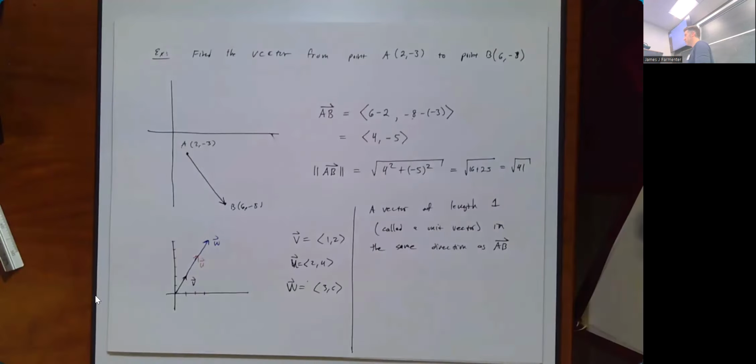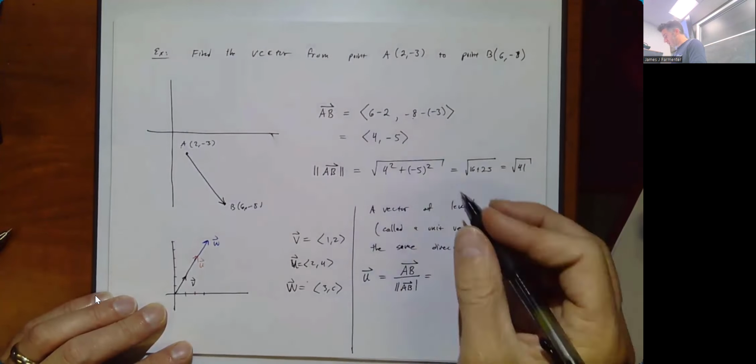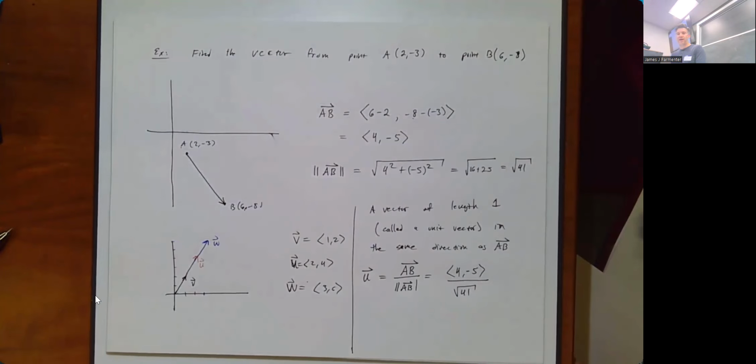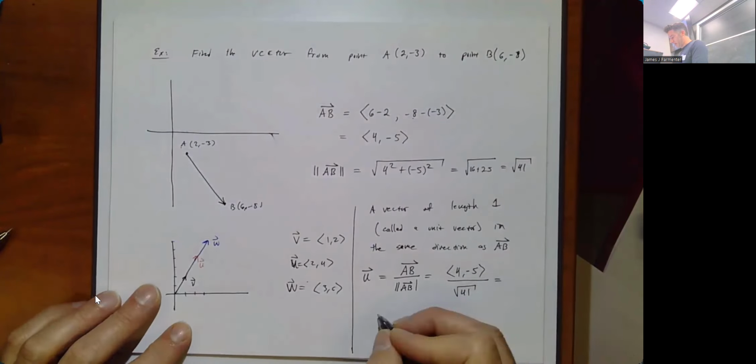So here, the unit vector would be the vector AB divided by the magnitude of AB, which in this case is the vector 4, -5 divided by the square root of 41. And again, if it were me, I would probably choose to write it as 1/√41 times the vector 4, -5, because to me that is the least annoying way of writing it.